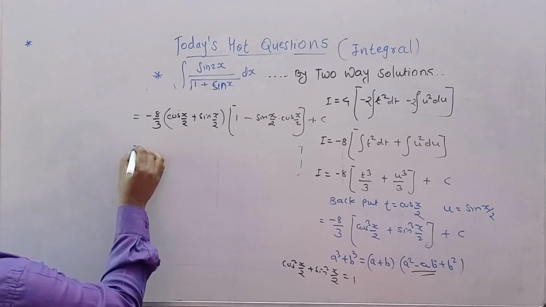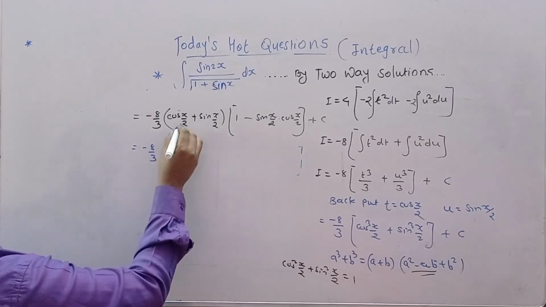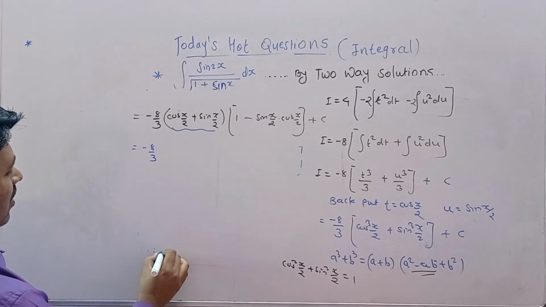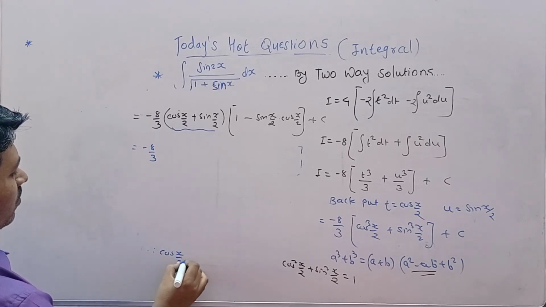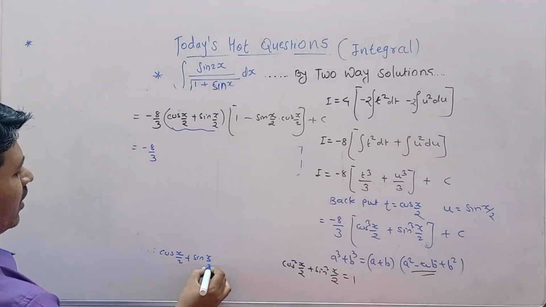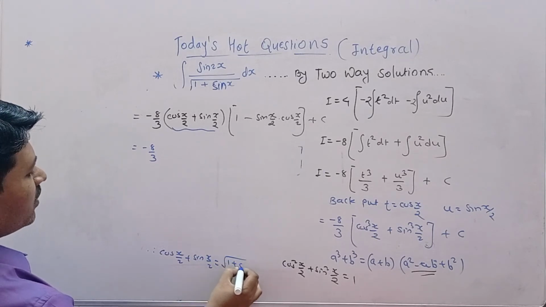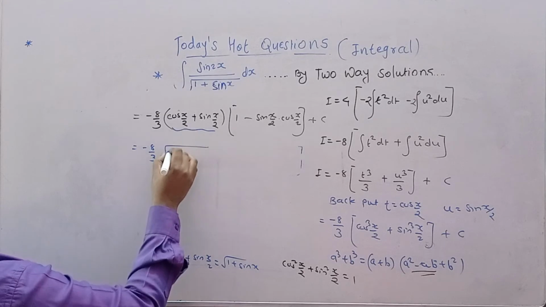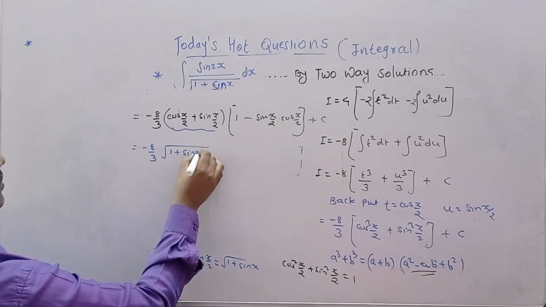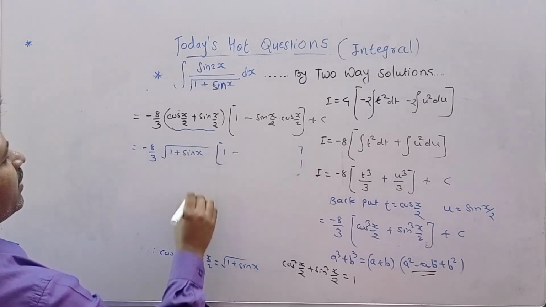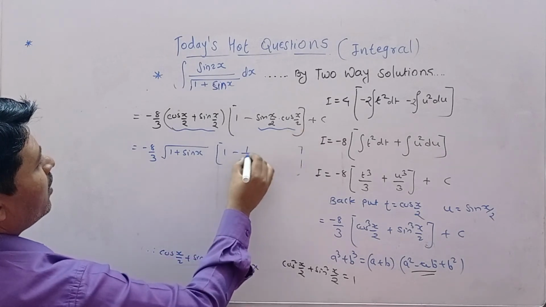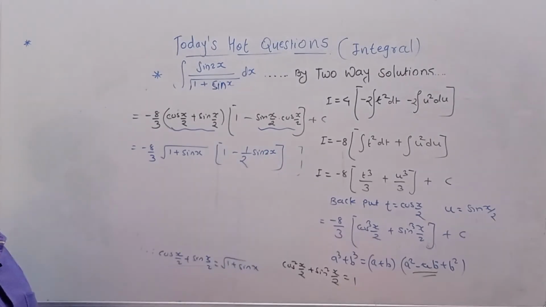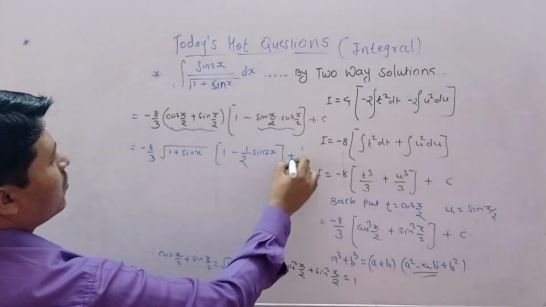Again simplify this term. Minus 8/3, and we replace the value: we know that cos(x/2) + sin(x/2) equals the square root of 1 + sin x. In this term replace the value, 1 minus 1/2, therefore this is the formula for sin x. Plus c is the constant of integration.